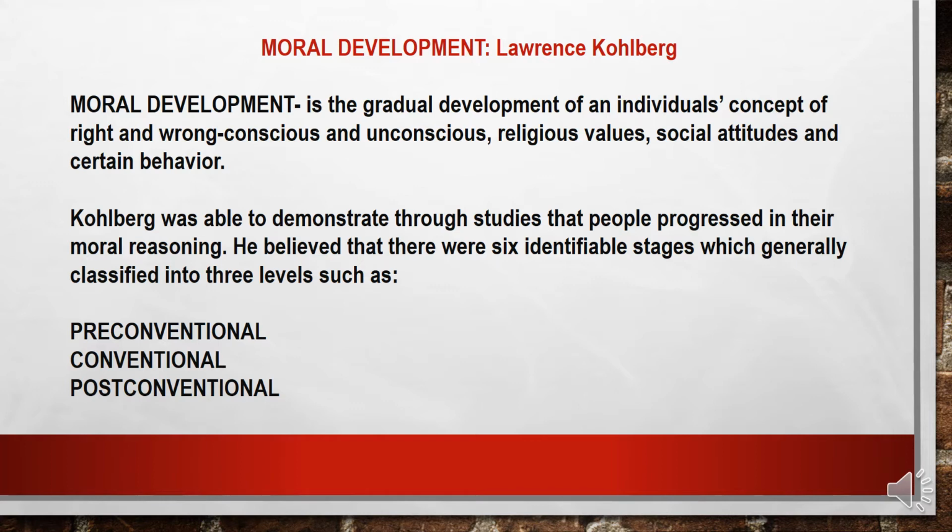At this level, the individual moves beyond the perspective of his or her own society. Morality is defined in terms of abstract principles and values that apply to all situations and societies. So that is the post-conventional level.